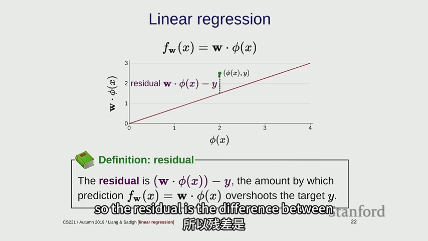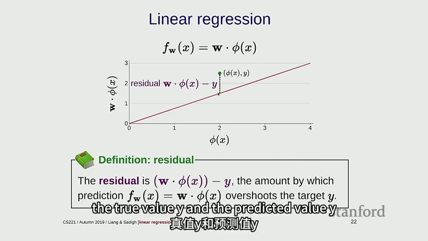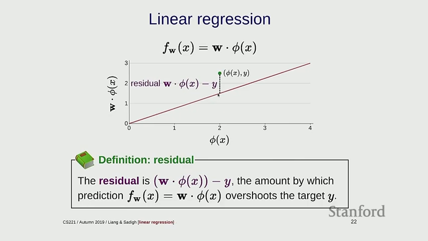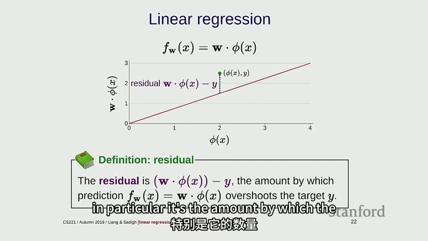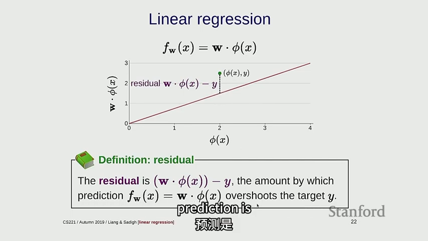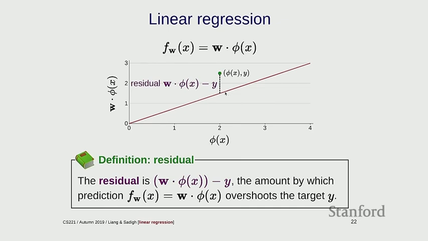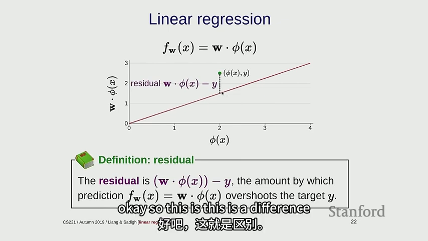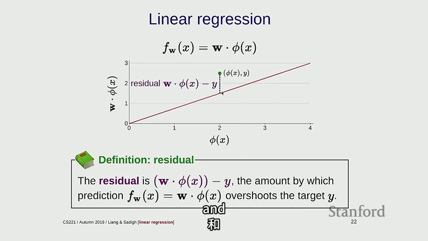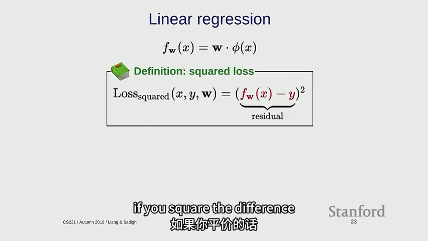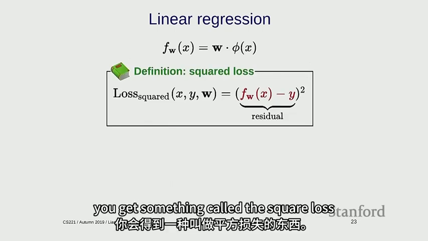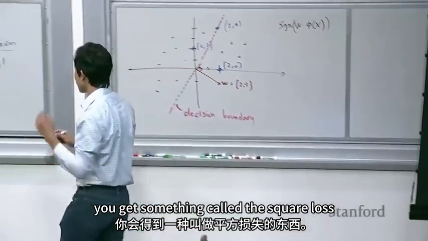The residual is the difference between the true value y and the predicted value y. In particular, it's the amount by which the prediction is overshooting the target. Okay, so this is a difference, and if you square the difference, you get something called the squared loss.